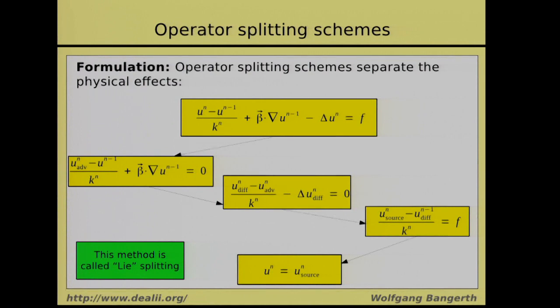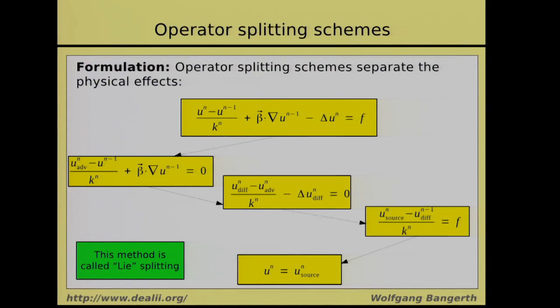So u_n is the result of first taking one full time step with only the advection, and then one full time step with only the diffusion, and then one full time step with only the source. This is what we call the Lie splitting. So it takes one full step with each one of these terms.